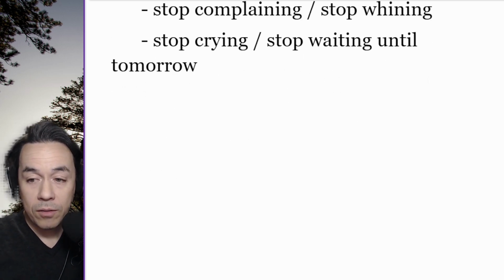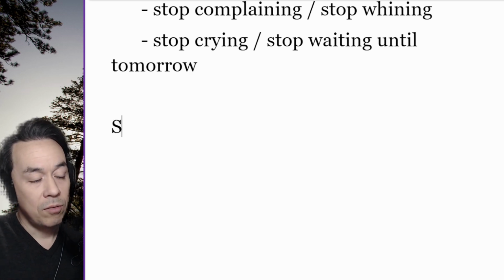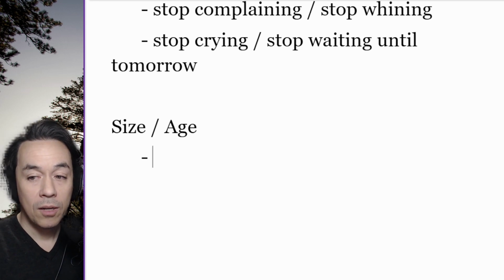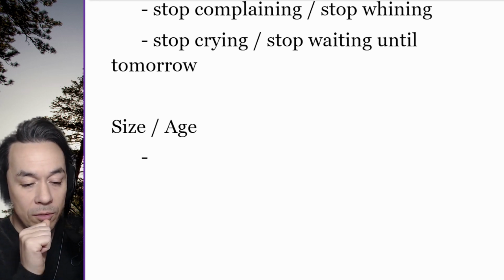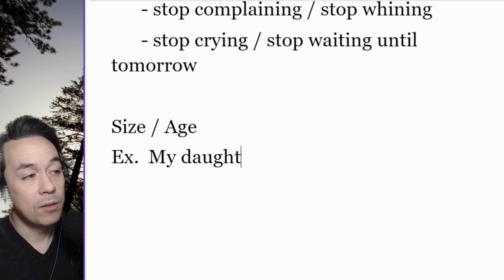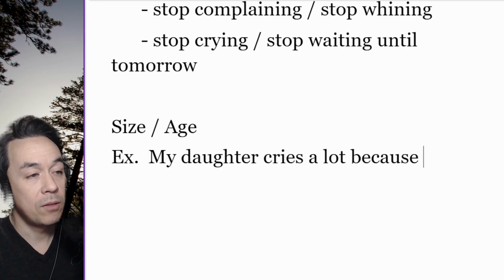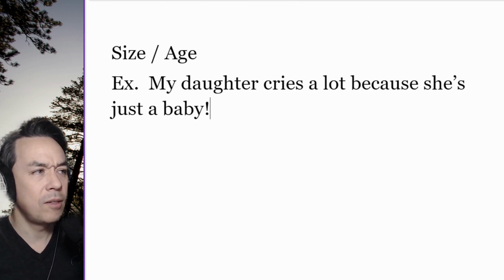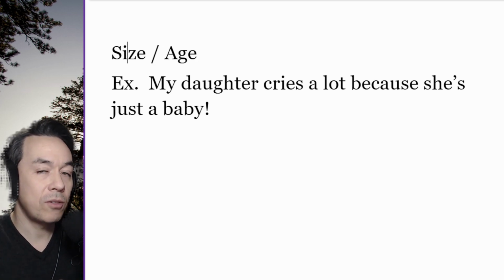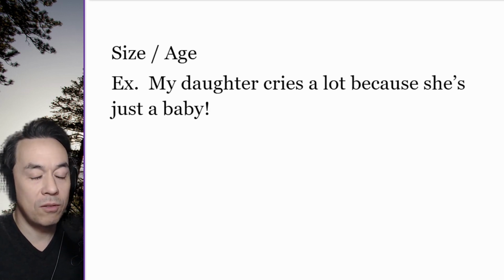So complexity, you could say other things too, like size or maybe age, right? For example, my daughter cries a lot because she's just a baby, right? Just, size, yeah, she's a mini human. She's just a baby. She doesn't understand what's going on or what's happening, but she's crying.